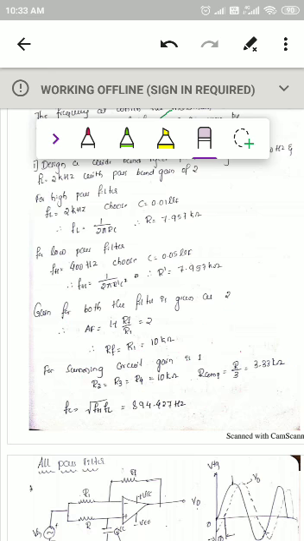Similarly, you can calculate the center frequency FC, which is equal to the square root of FH into FL. So you find out the value of FC also here. This is how we solve problems on the wide band reject type of filter.